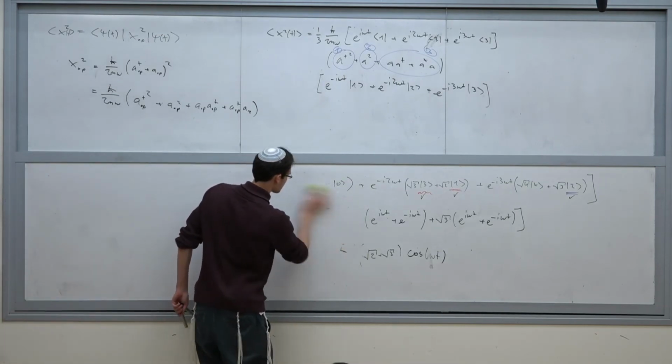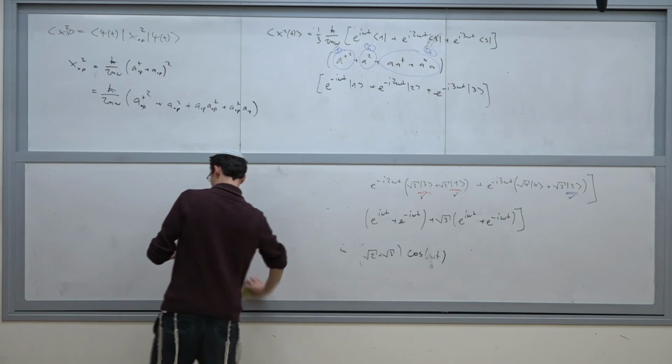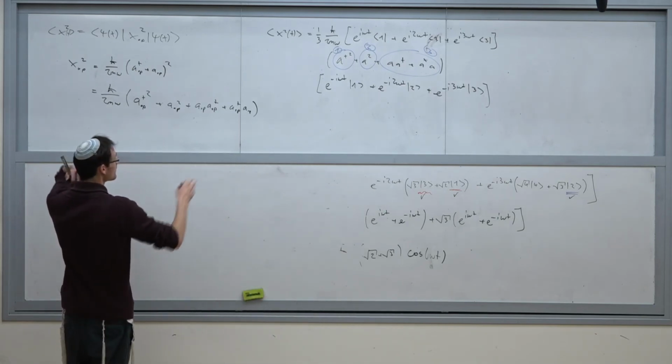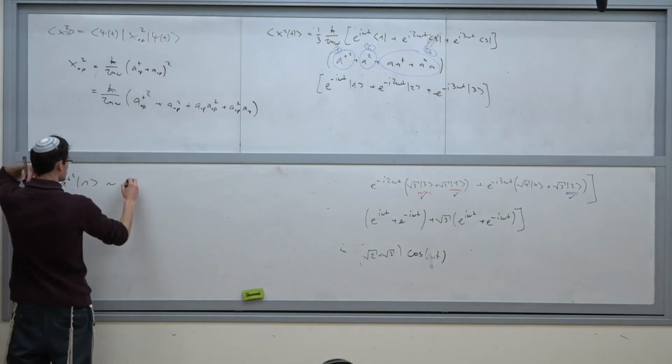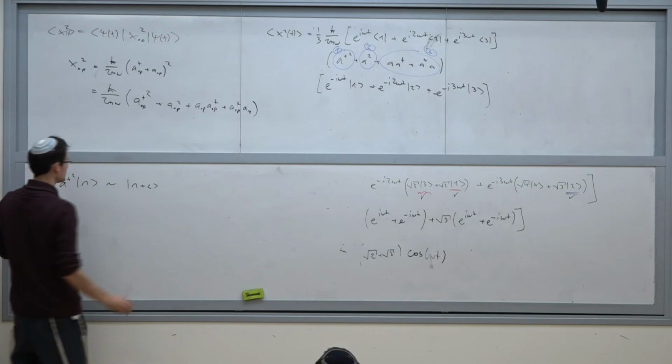So what happens is that when a dagger squared acts on the nth eigenstate, you get something that is proportional to n plus 2, because you're raising twice.